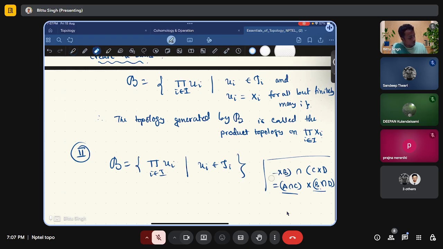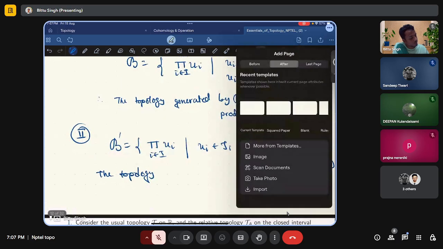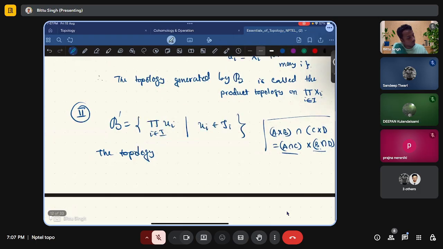So this is true for any arbitrary product, not only for the product of two things. So this forms a basis, and a topology. Let me denote this by B dash. So this looks like some box, right? For example, this is U1, some open set. This is U2.